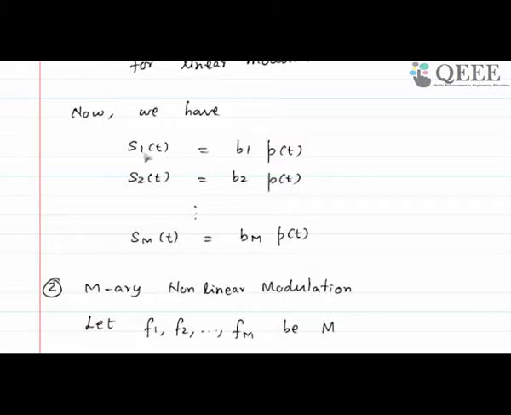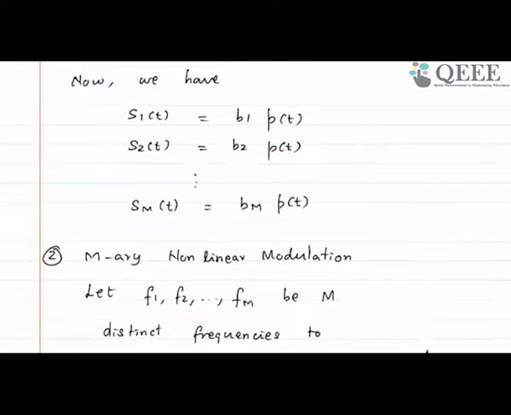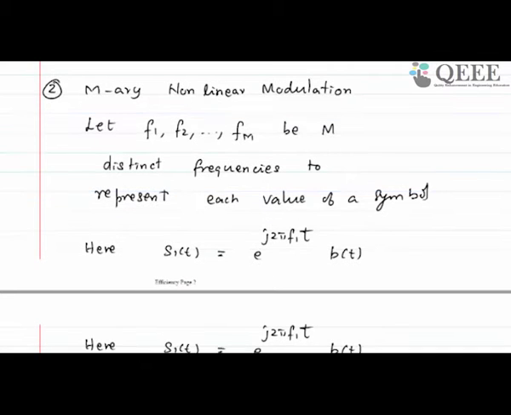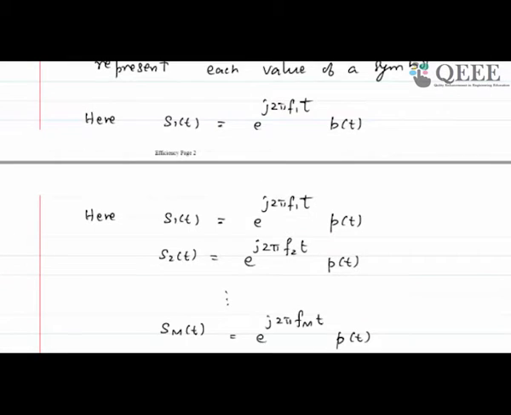Similarly, you can also use the same idea for FSK. So you have F1, F2 up to Fm be the distinct frequencies to represent each value of the symbol. So if you have 4-FSK, we will have 4 frequencies, F1 up to F4. For ease of computation, I allow them to be complex, right? Just like we allow the B of n to be complex, the symbols can be complex numbers.